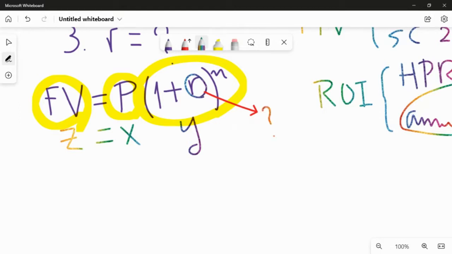As you can see, there's no way we can directly isolate R, because think about it.